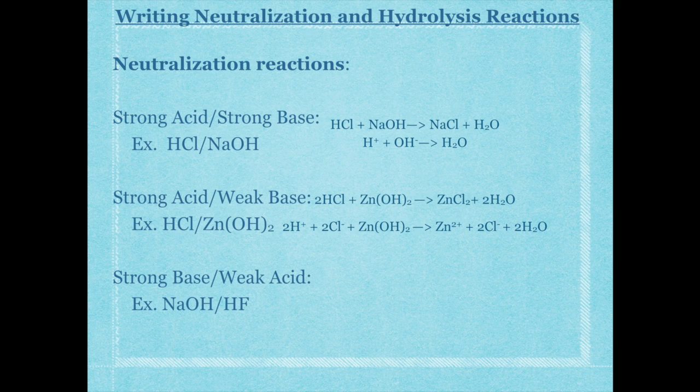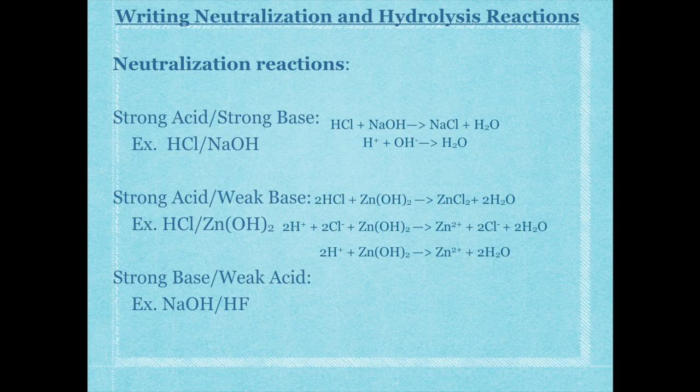So you've got your hydrogen ions and chloride ions breaking apart. Zinc hydroxide does not, because it is not a strong electrolyte, and zinc chloride breaks apart, and then you've got water. So the net ionic equation for this neutralization reaction is hydrogen ions, zinc hydroxide not having broken up, and then zinc ions and water.